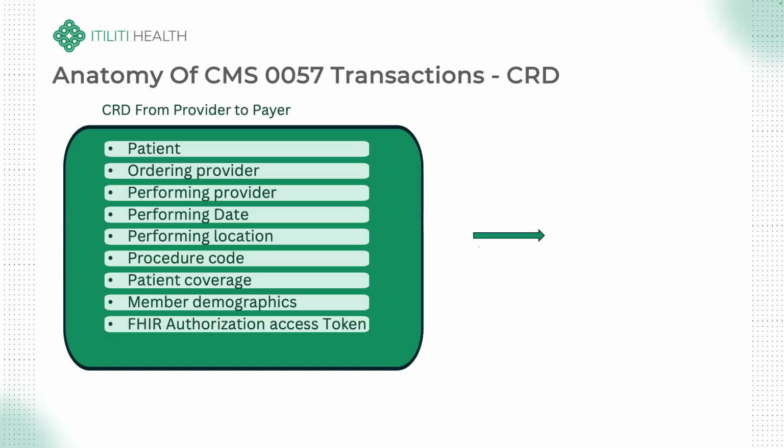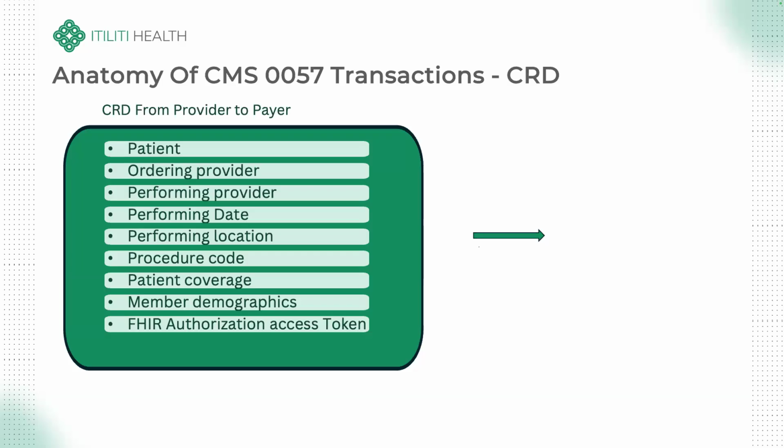We need to know the procedure code or service that's being rendered. We need to know for that patient what insurance we are trying to bill, so which member ID and which plan and group code, and then what are all of that patient's member demographics, and if those member demographics are different than the patient, what's the relationship between the member and the patient.